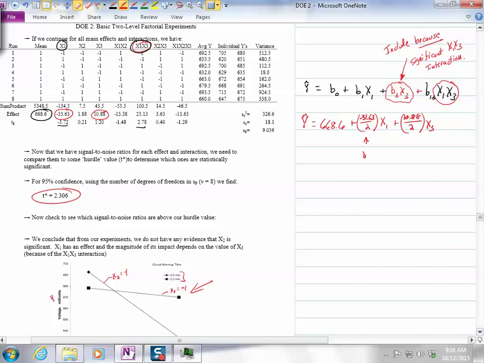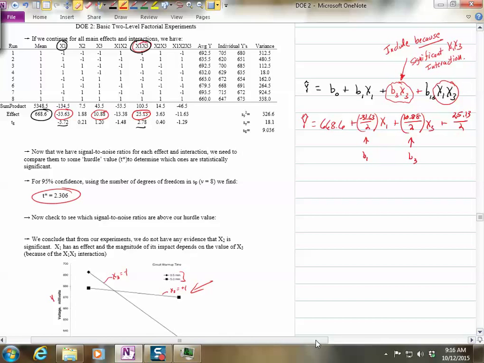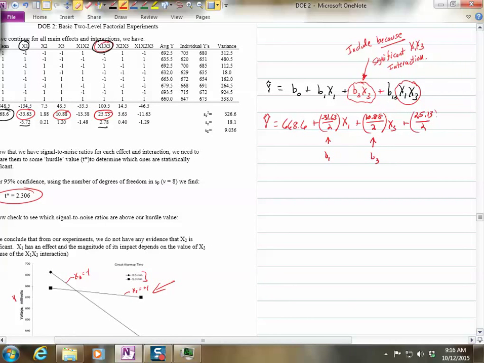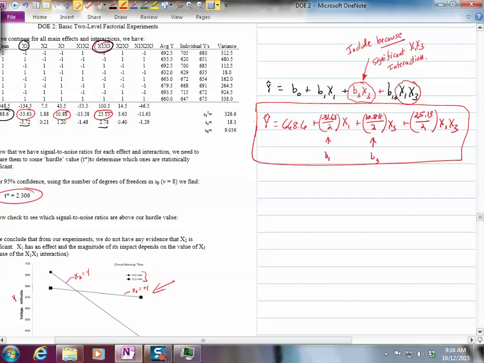So that's B1, that's B3, and then the interaction term is the effect divided by 2 times x1, x3. Any questions on how we got those coefficients?